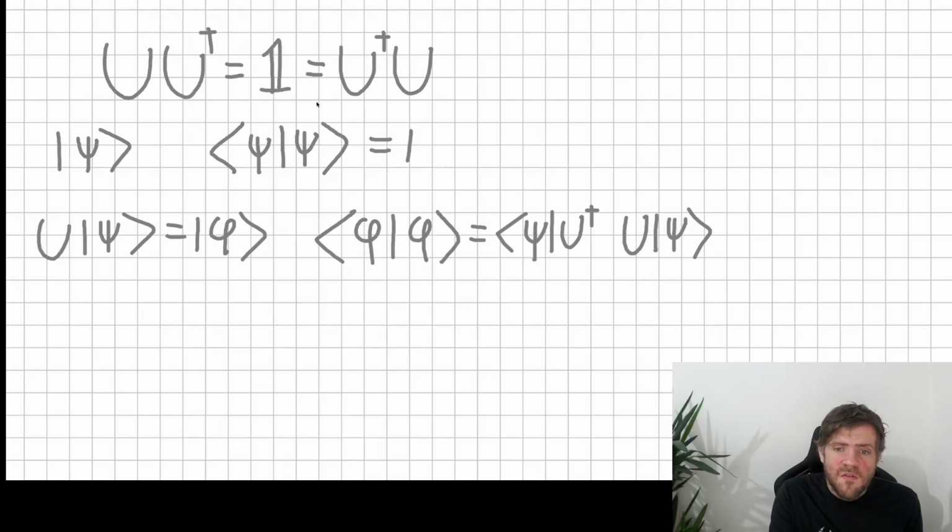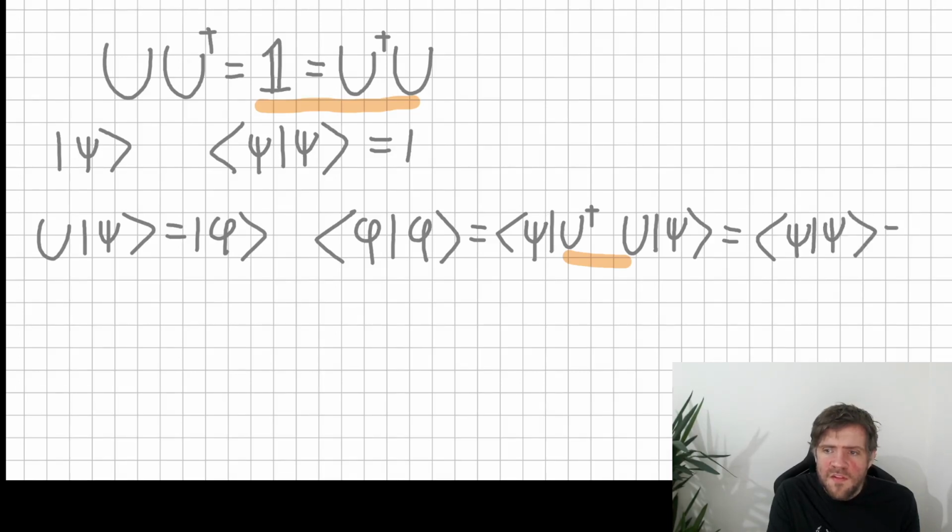So this is the inner product of phi with itself, but because of this in here, we can use this relation, and putting an identity in the middle of that just means that we're going to come out as the inner product of psi with itself, which is 1. So if you apply a unitary to a normalized state, then you get a normalized state back.